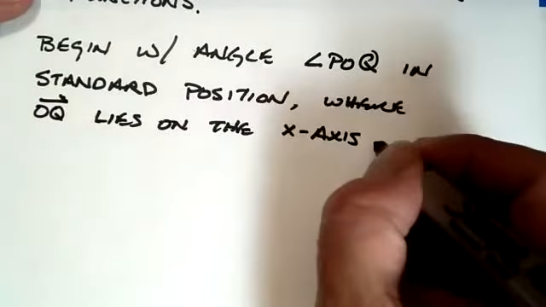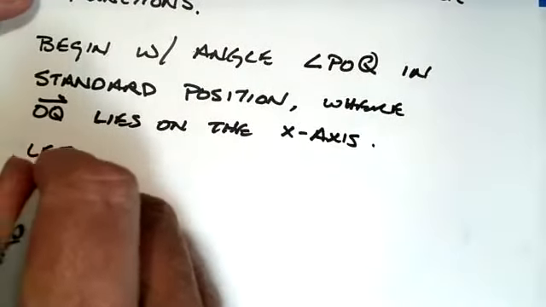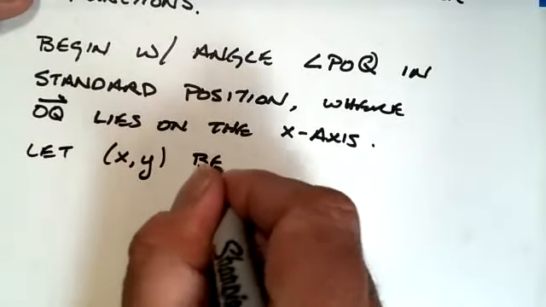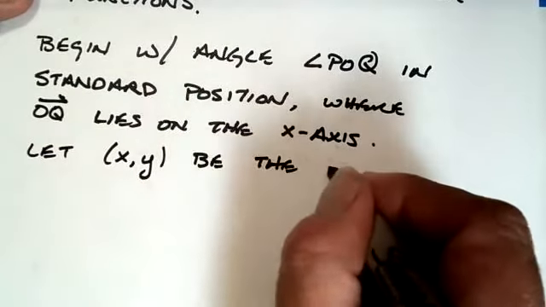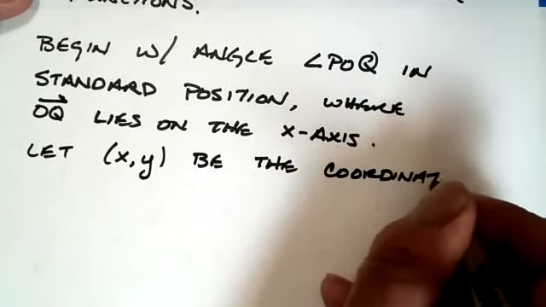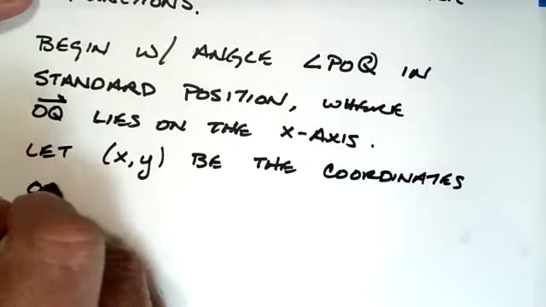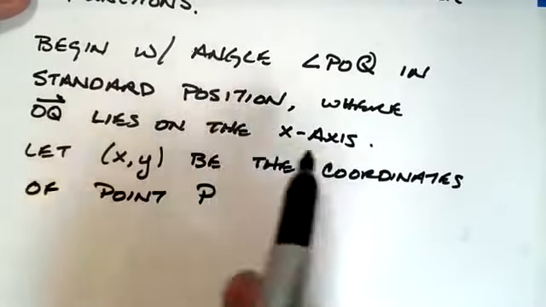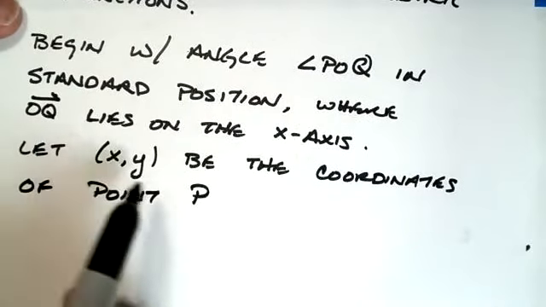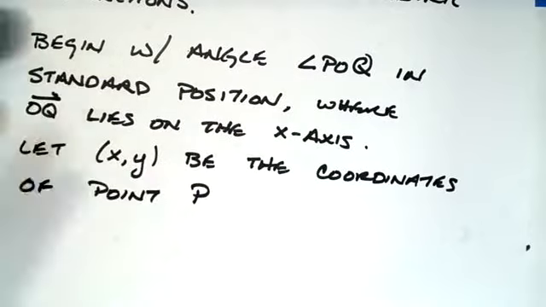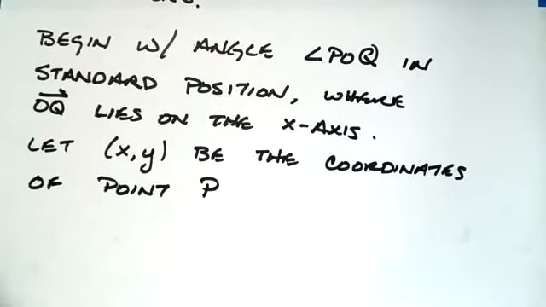Now, we will also say let x and y be the coordinates of point P. So remember, if OQ is the initial ray, then OP is the terminal ray, and P is a point that's out there somewhere on that ray.